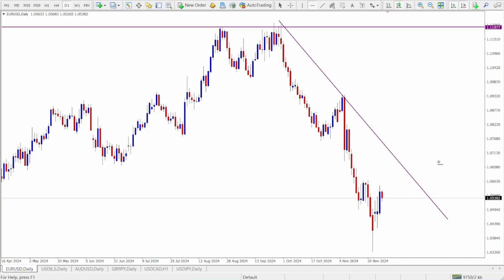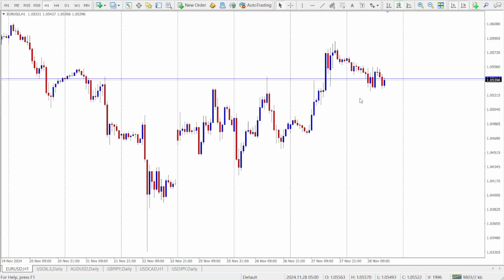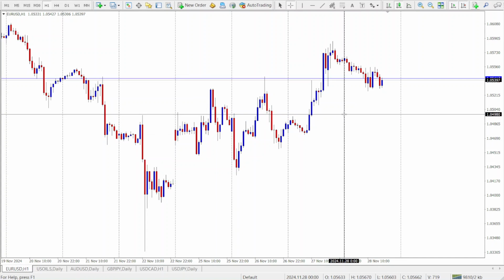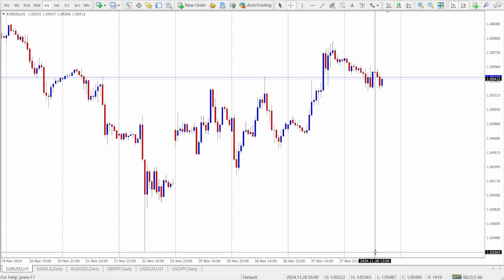At the start of the week, take time to assess the market trends. So let's go to the properties and let's allow period separators to show. We have 11th November, 28 November.